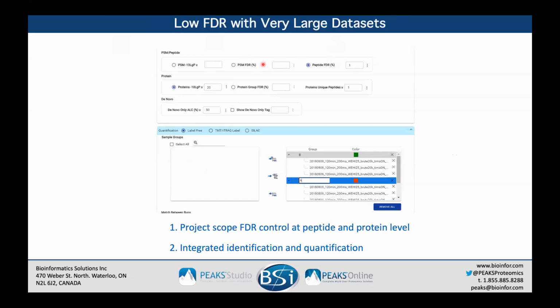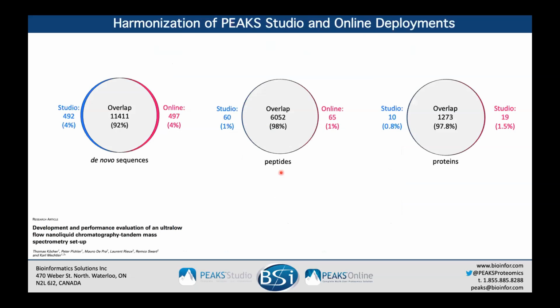So that's up to you. Whatever you select here gets integrated into any quantification that you choose. And so we basically have integrated false discovery controls at the identification level, but as well at the quantification level. This leads to more accurate quantification and identification.